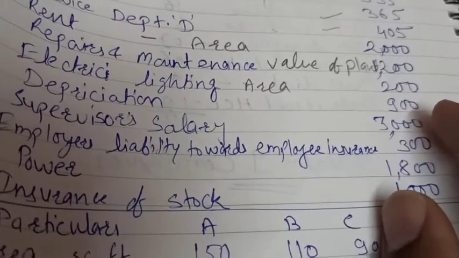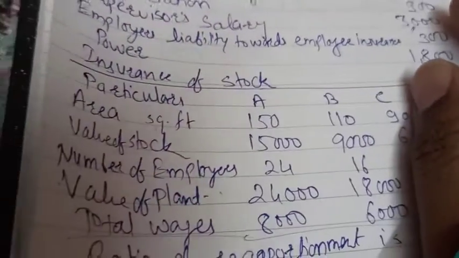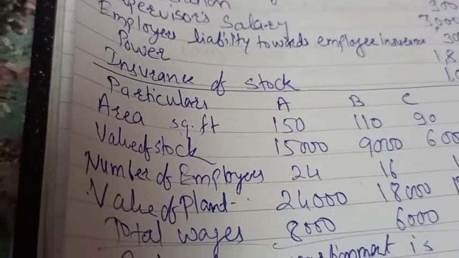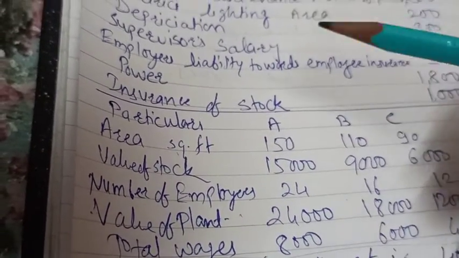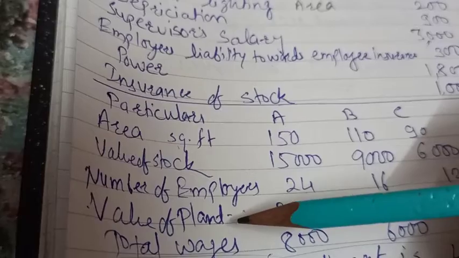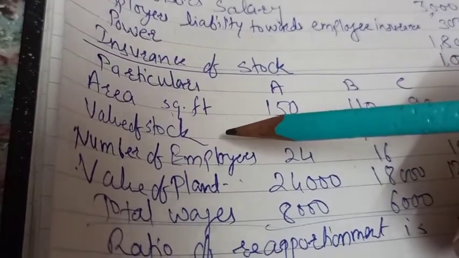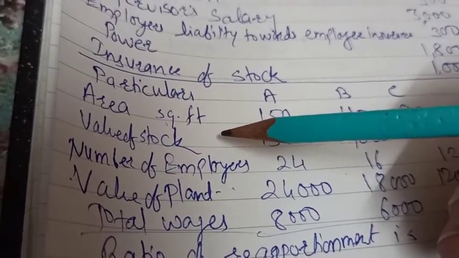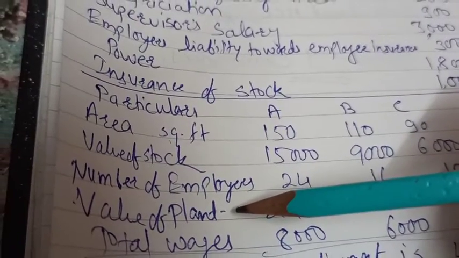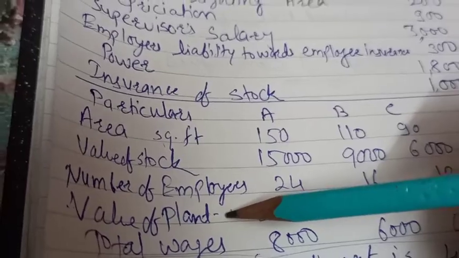Next is depreciation. Depreciation is always charged on value. So here 2 values are available, value of stock and value of plant. But as you know, stock is a current asset, therefore we are not going to charge any kind of depreciation on stock. So we have to charge depreciation on the basis of value of plant.